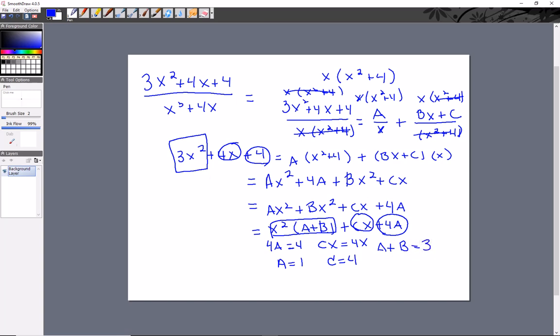And we don't actually know B, but we do know A. So we can just replace A with 1: 1 plus B equals 3. So B equals 2. All right, isn't that cool? Didn't have to fool around with letting x equal values like we did in the previous two examples. So now we're ready to construct our final answer.